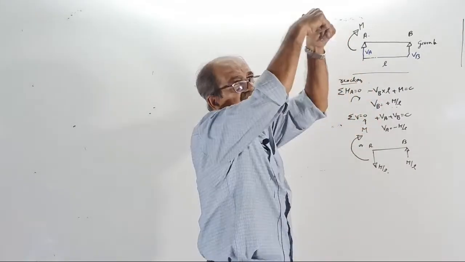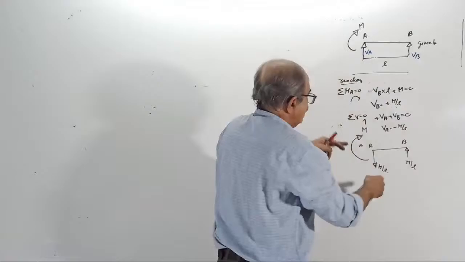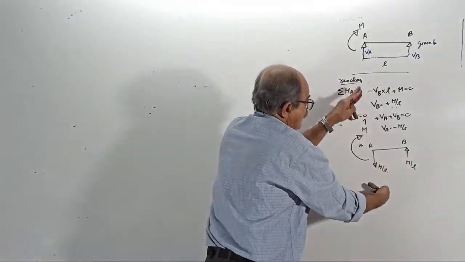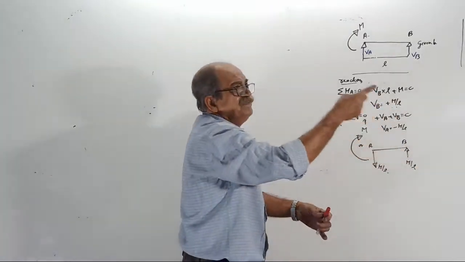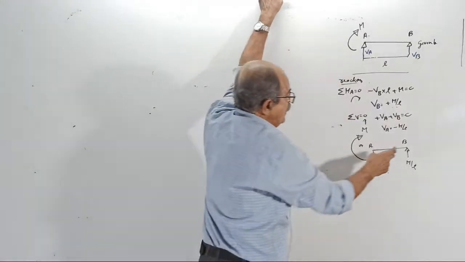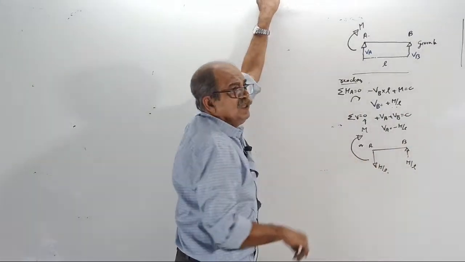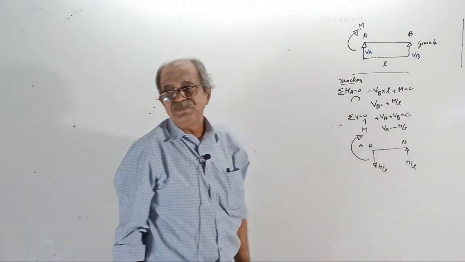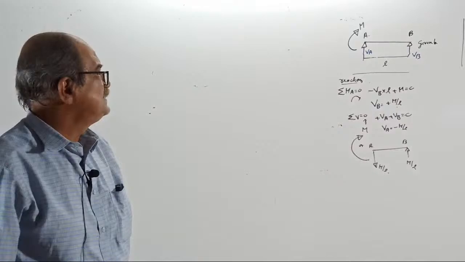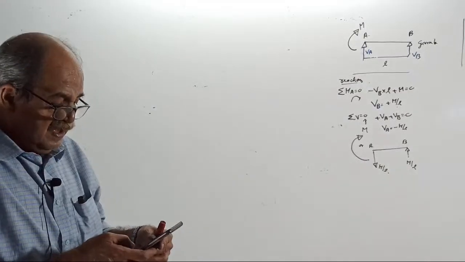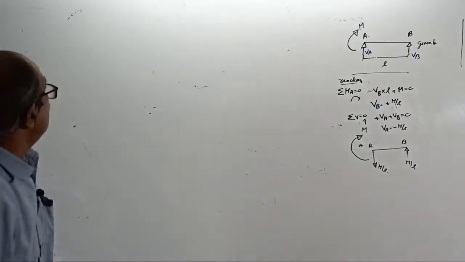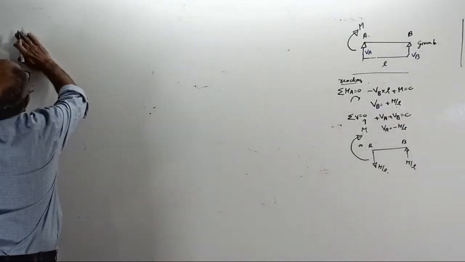So left is down, right is up. These two will create a balancing anti-clockwise couple of M by L into L equal to M. Beam is in equilibrium. First of all, this much time I should not have wasted. Clear? Okay. Now start.